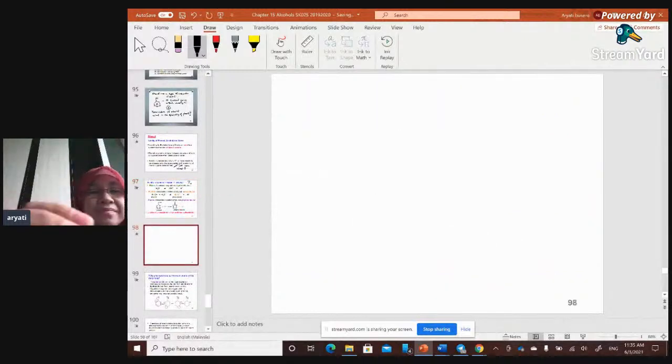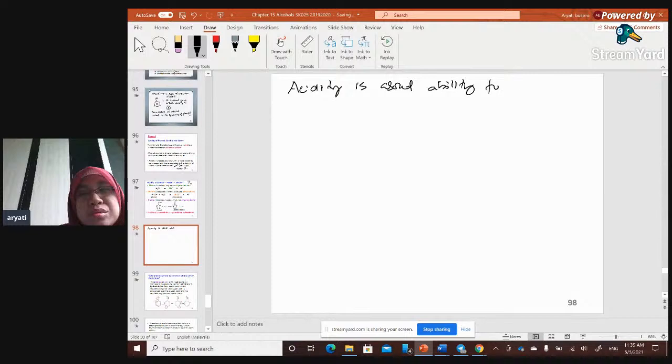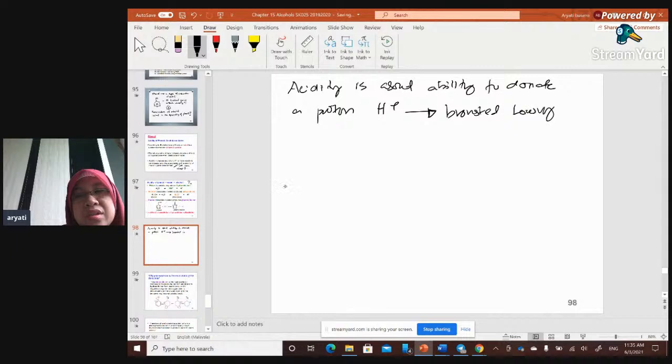Acidity is about the ability to donate a proton H plus. So this is based on Bronsted-Lowry theory.